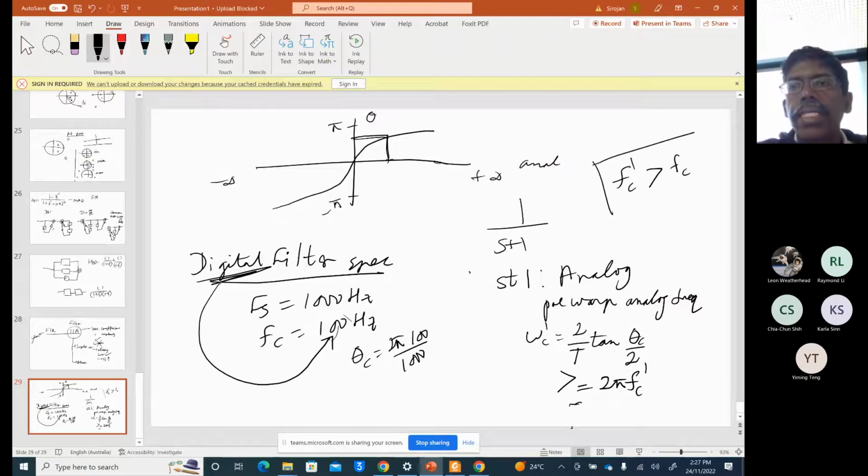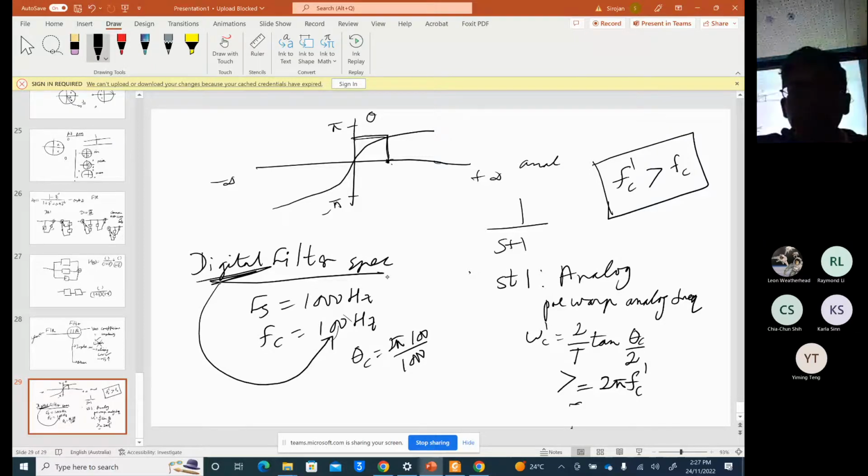That is a quick check. If your pre-warp frequency is less than fc, then something is wrong. Why? Because this analog frequency is always higher than this digital frequency. Okay, so that is the first step.